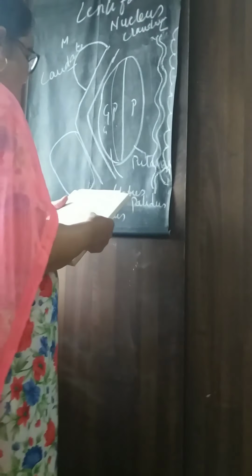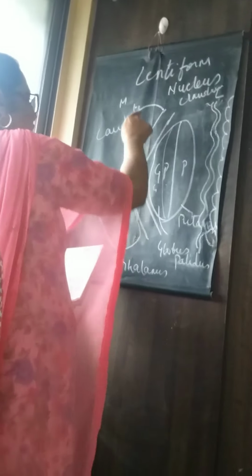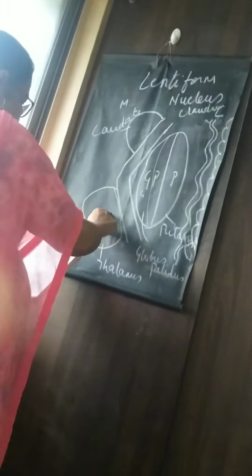Then you have the medial surface. The medial surface of the lentiform nucleus is related to the internal capsule, the head of the caudate nucleus and the thalamus.